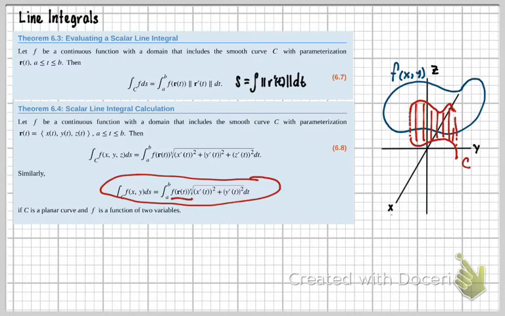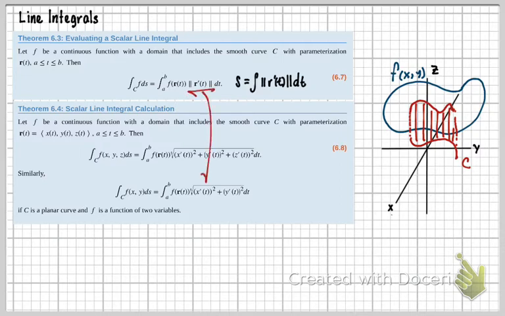And then the square root of x prime t squared plus y prime t squared is the magnitude of my r prime t. If I can just remember r prime t, I don't have to memorize this formula down below. Because r prime t comes up so much, like with tangent vectors and all that other stuff, it's probably a good idea to realize immediately that the magnitude of r prime t is either this if I'm in 2 dimensions, or this one if I'm in 3 dimensions. So those are things to consider as well. And that's all that is.